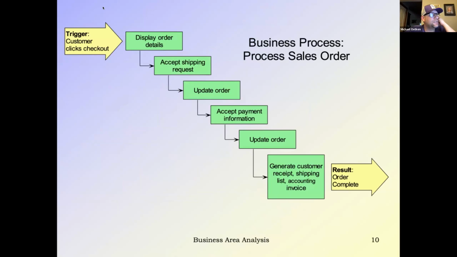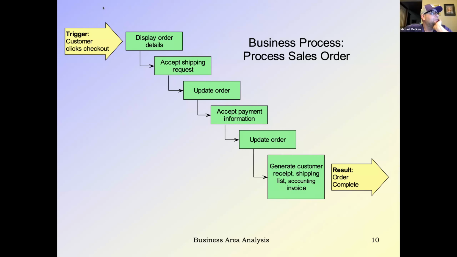And so with these processes, if we take a look at the order, there's usually a trigger event. In this example, for Amazon or something like that, the customer clicks checkout. They want to buy some things, they've got them in their cart, they click checkout, and it displays what the items are.